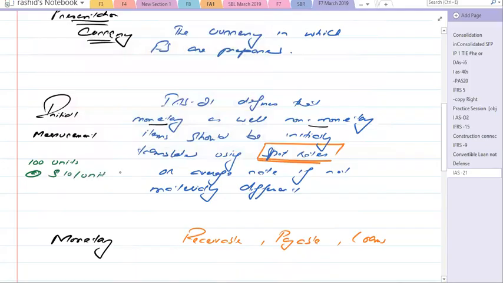And you are converting into rupees. So $1 is actually 140 rupees. Clear?